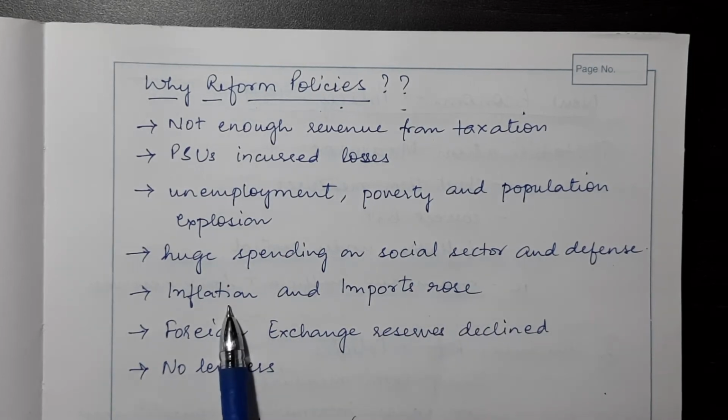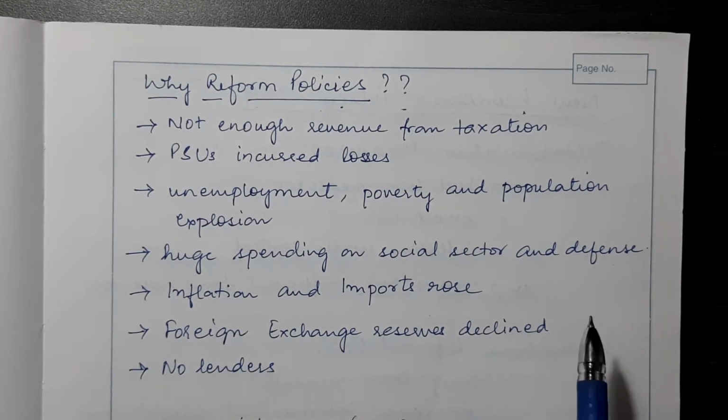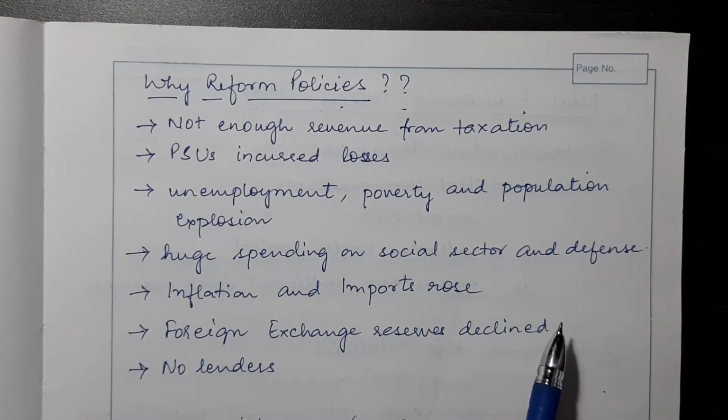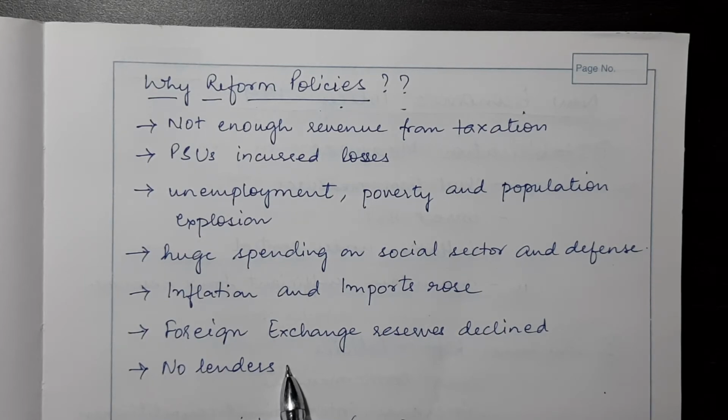And also there was inflation, that is rise in prices. The foreign exchange reserves also declined to a level that was not adequate to finance imports for more than 2 weeks. And now, because of all these problems, we did not have any lenders that would help India.